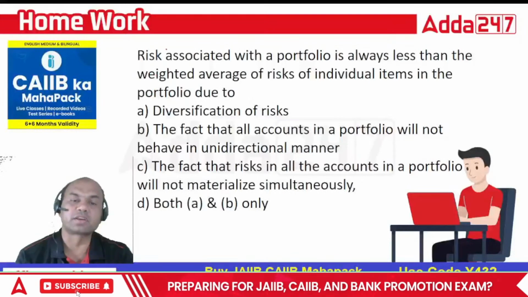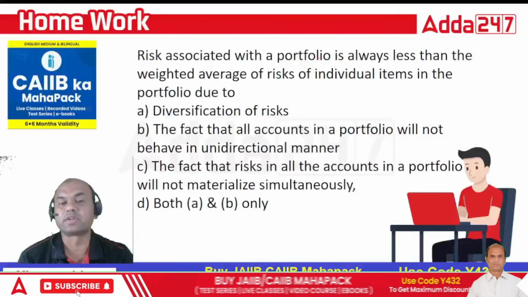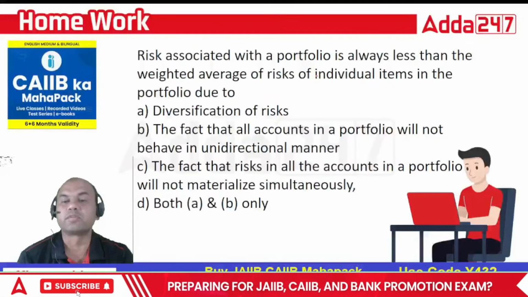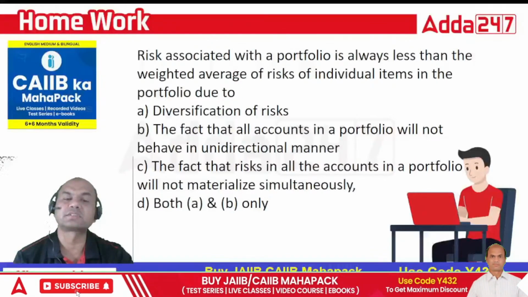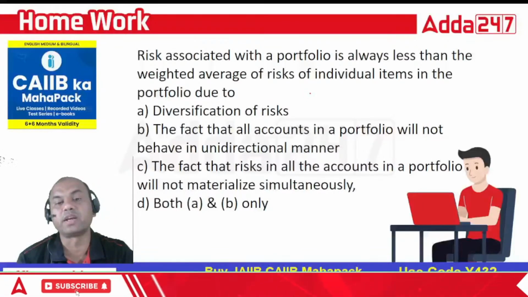So, yesterday's homework. Risk associated with a portfolio is always less than the weighted average risk of the individual items in the portfolio due to, meaning why is the risk for the portfolio lesser than the risk for an individual stock.